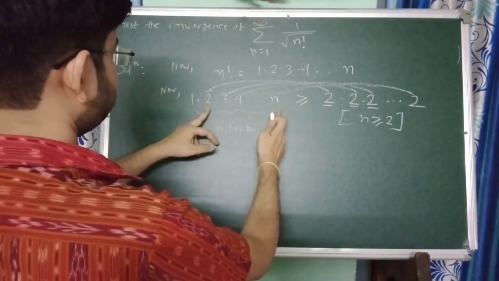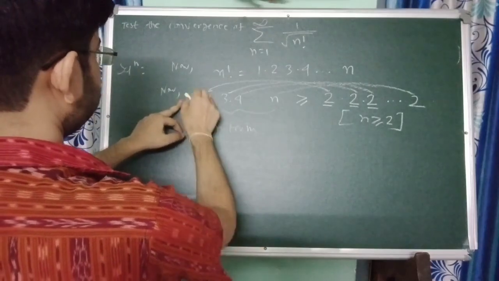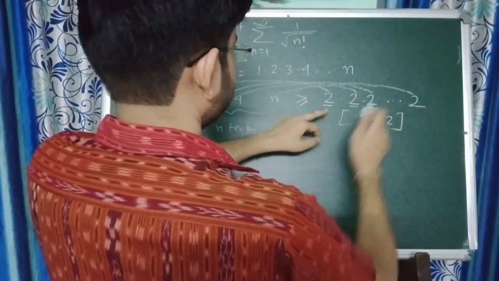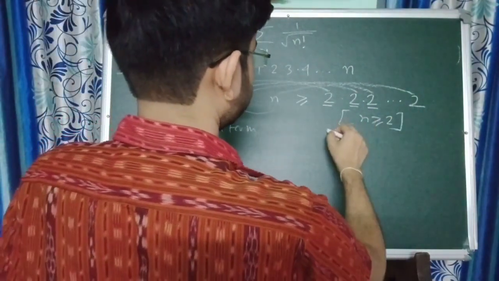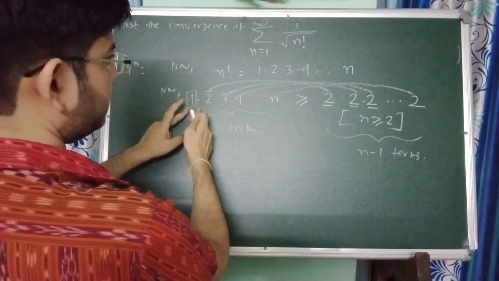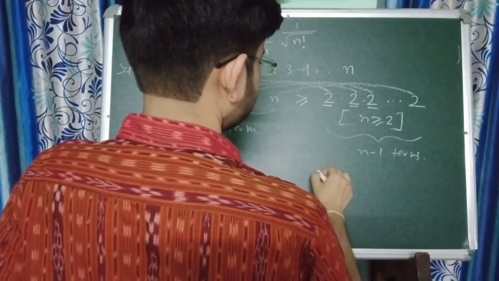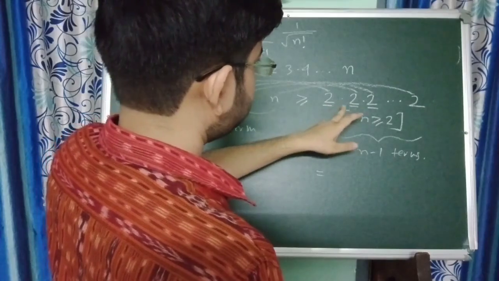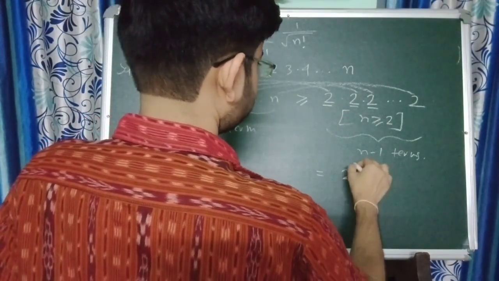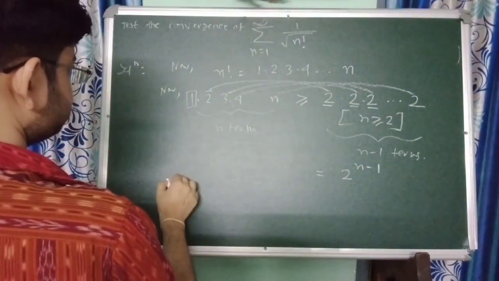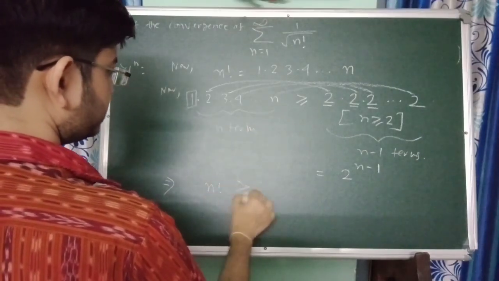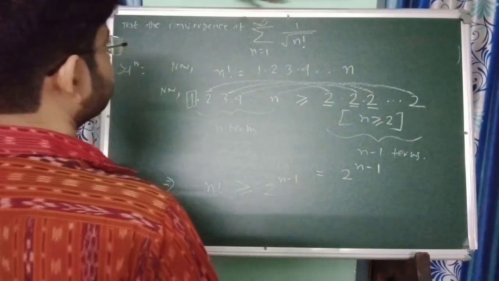So here there are total n terms, and we discard just one term, and the remaining terms are n minus 1, since we are left only with this one term. If we multiply 2 into 2 into 2 up to n minus 1 terms, this becomes 2 to the power n minus 1, and this n factorial is greater than or equal to 2 to the power n minus 1.